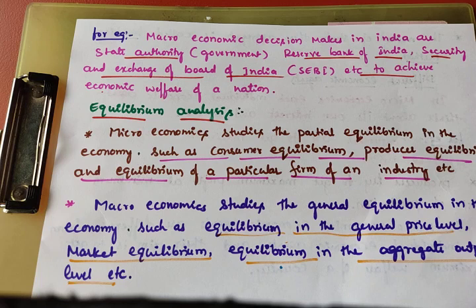For example, imagine there is a biscuit industry. Those companies which are producing biscuits, for example Britannia and other companies. You can also take the cement industry as an example. Under this there are so many companies: Ultratech, Birla Super, Ambuja Cement.